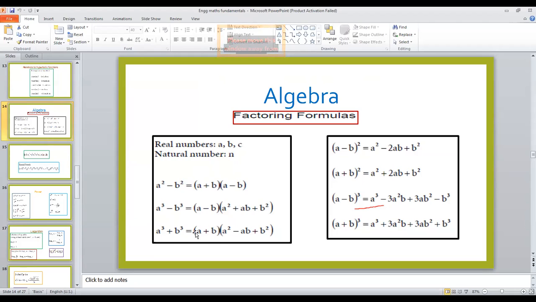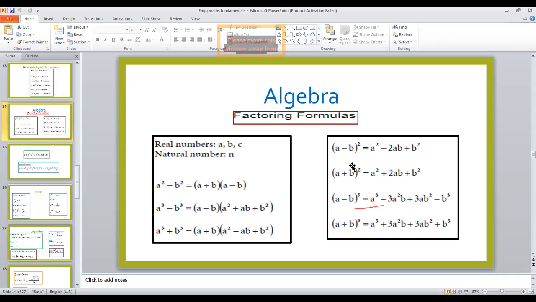And a cube plus b cube is a plus b into a square minus ab plus b square. These formulas should be known to you. A minus b whole square is a square minus twice ab plus b square. Then a minus b whole cube is a cube minus thrice a square b plus thrice ab square minus b cube. And for plus, all terms will be positive.